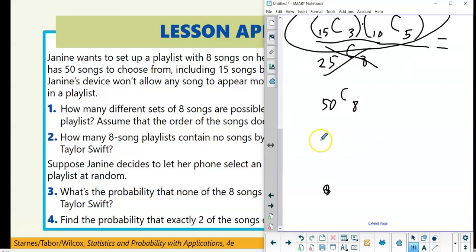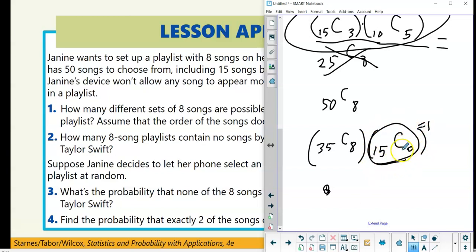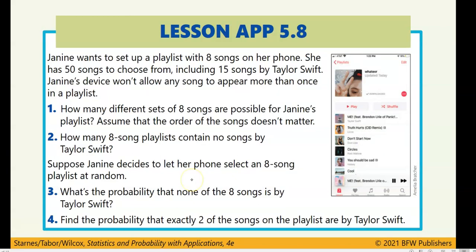Okay, so I want to get all 8 of my songs from those 35 non-Taylor Swifties. And then of the Taylor Swifties, which are 15, I want to choose 0 of those. By the way, this part's equal to 1. So I guess I just have to do that first part. So that would be the answer to the question.